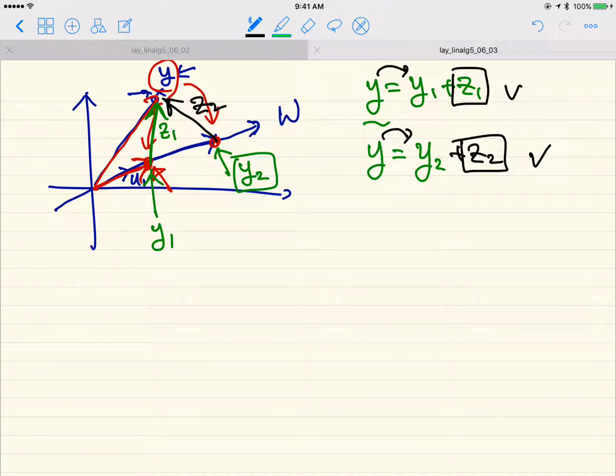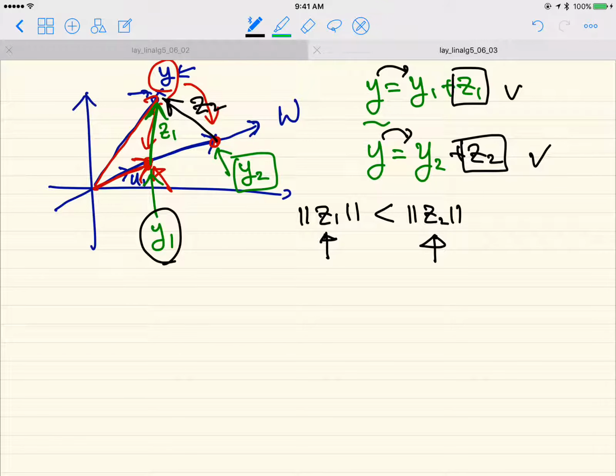And which one is a better approximation? If the length of this error vector is smaller than the other, then y1 will be a higher quality approximation of the y vector, because the difference between the original vector and the approximated vector is smaller.